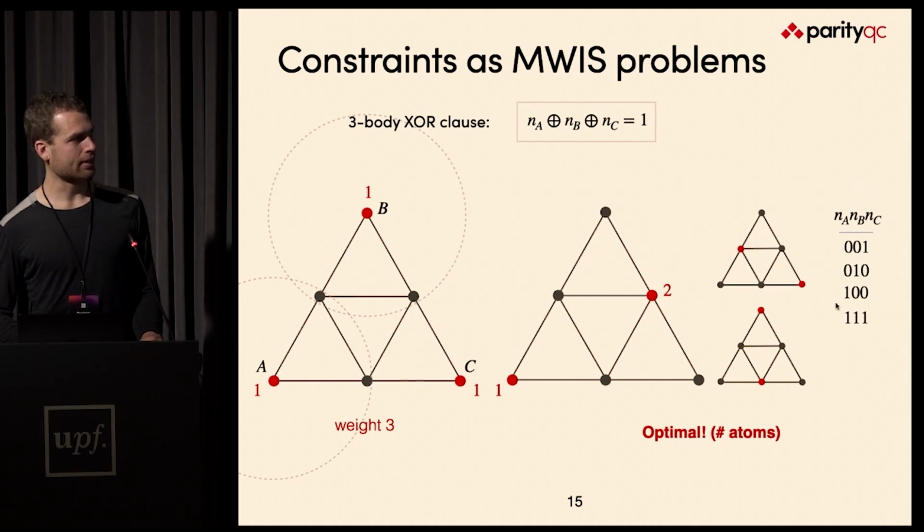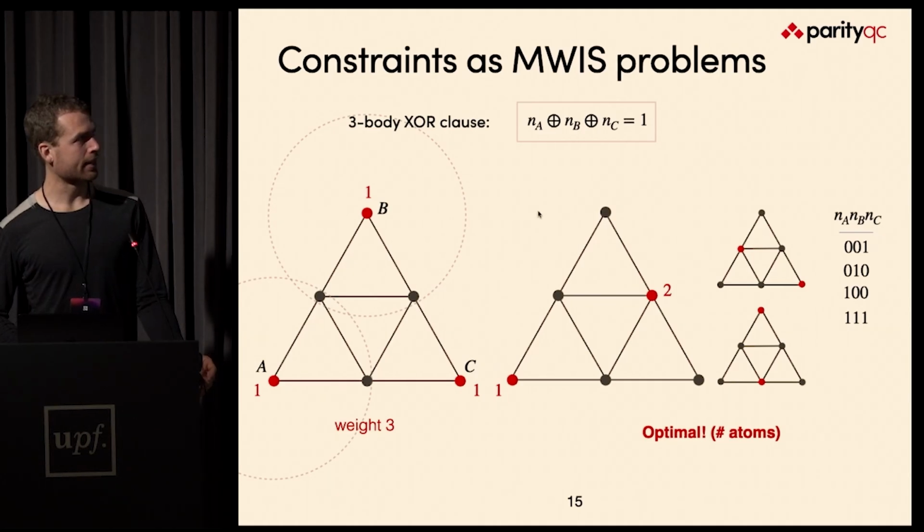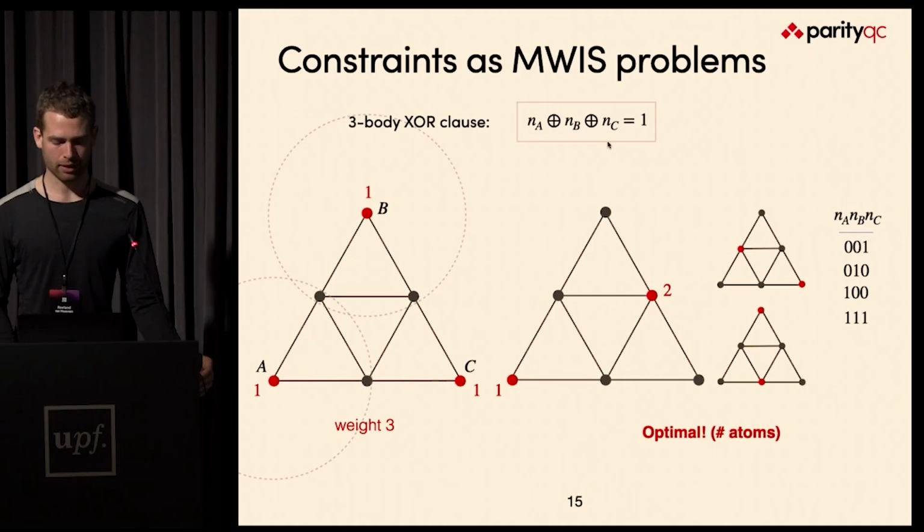And then if you look again at this truth table, this is the case where A, B, and C are in the independent set, and this is the case where only C, only B, or only A is in the independent set. And again, you can see this exactly encodes this condition. It turns out that this way of implementing this condition with Rydberg atoms is optimal in terms of the number of atoms.